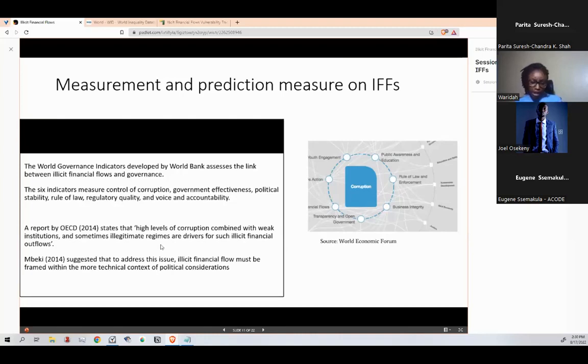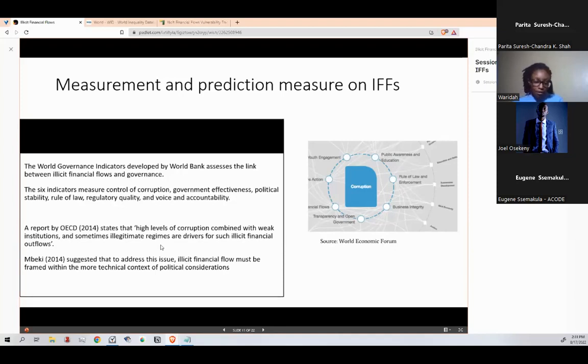With this in mind, we have the case of South Africa, which is relatively peaceful and has high economic growth, but that does not mean there is a decrease of illicit financial flows. So political stability is not really correlated with a decrease of illicit financial flows.